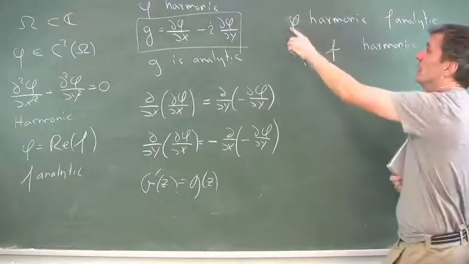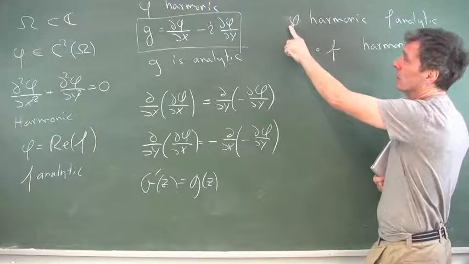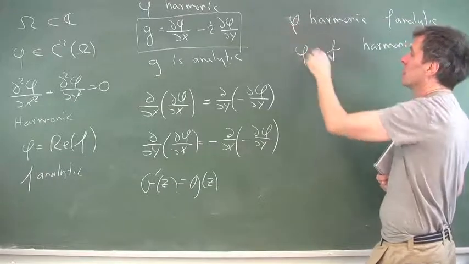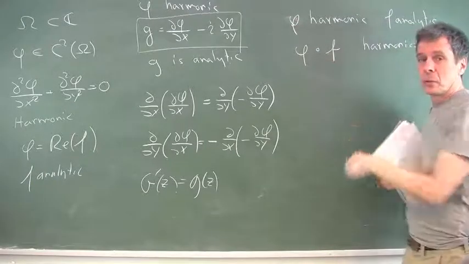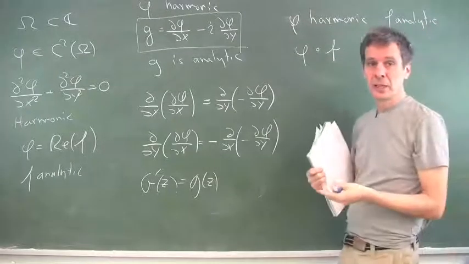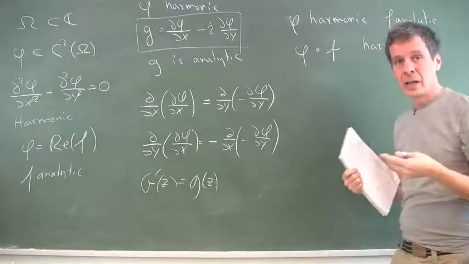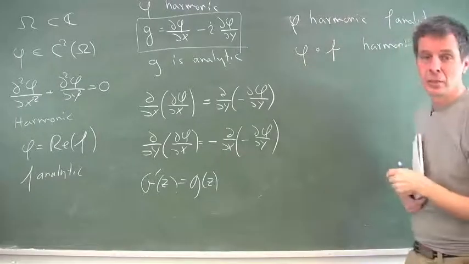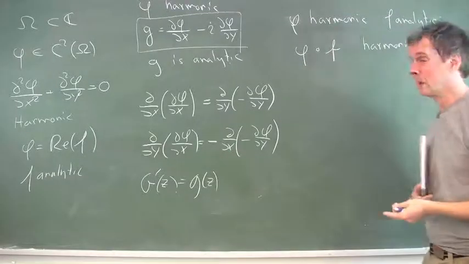Simply because if phi is harmonic, then it's the real part of an analytic function. If you take that analytic function and compose it with this analytic function, of course the composition of two analytic functions is analytic. And then you see that this is just the real part of that composition, which automatically is then harmonic.